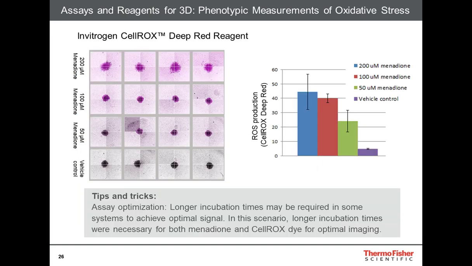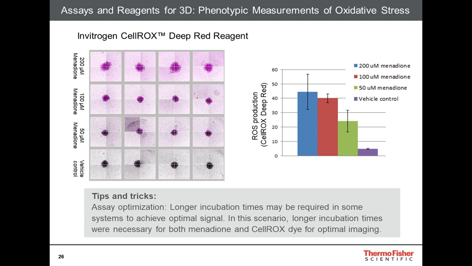A somewhat earlier measurement of toxicity is provided by reactive oxygen species detection. And so we can use a probe such as the Invitrogen CellROX Deep Red reagent. We'll load our entire spheroid or plate full of spheroids with this reagent.